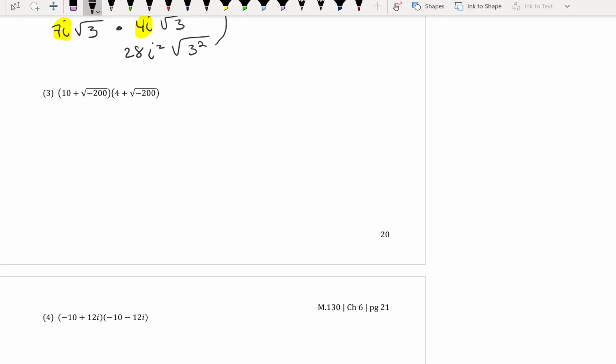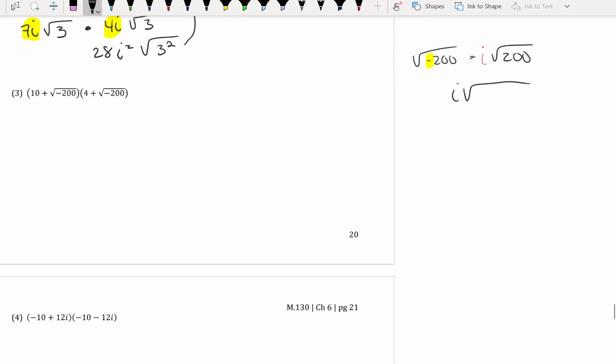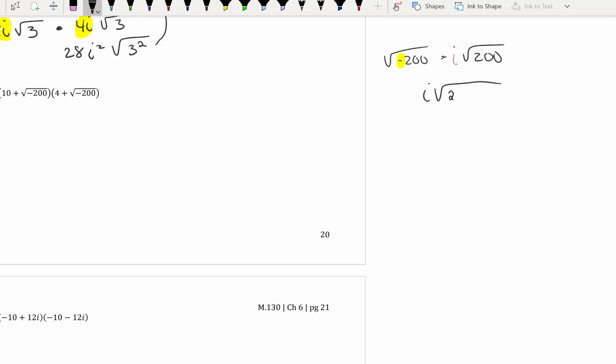If I have the square root of -200, well, I know that that negative inside becomes my imaginary part. So I'm left with the square root of 200. And the square root of 200, well, if you want to think about it, 200 is really 2 times 10 squared.